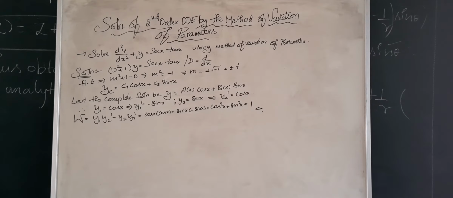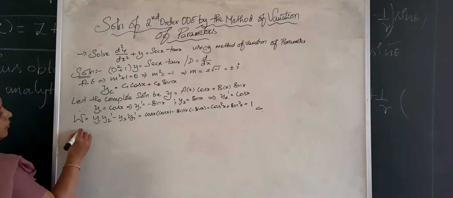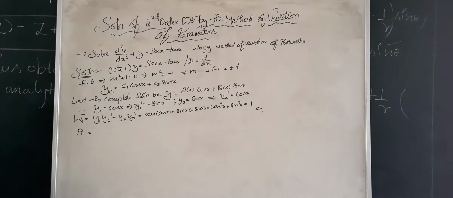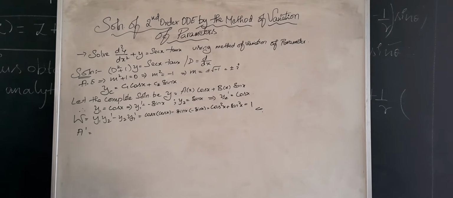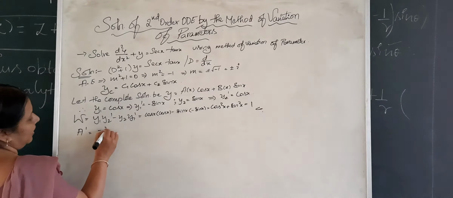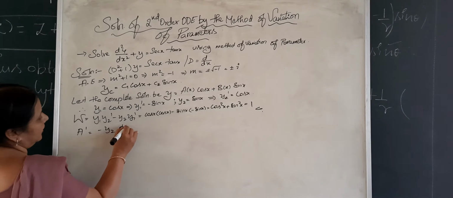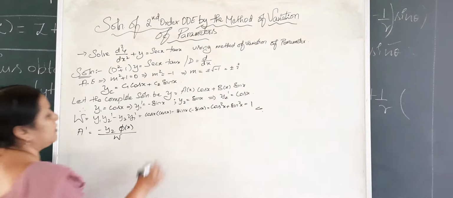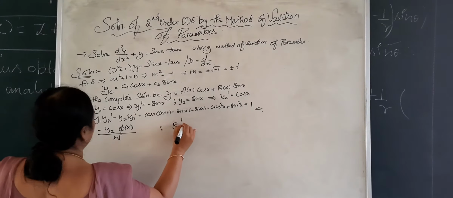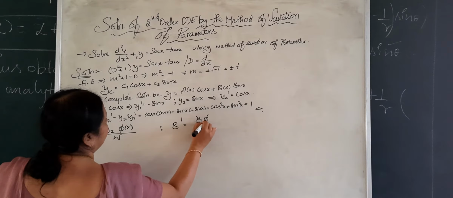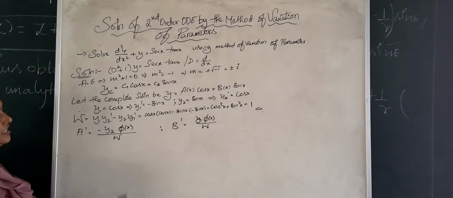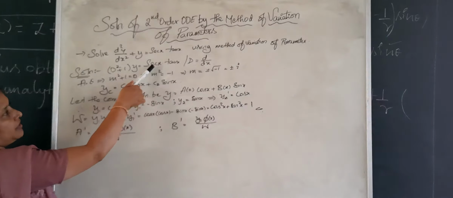Understood? So once you get the Wronskian, what is the next step? We have to consider the expressions for a dash and b dash. A dash is given by minus y2 phi of x divided by W, that is the Wronskian. Similarly here b dash is equal to y1 into phi of x divided by W. What is phi of x in this particular question, guys?